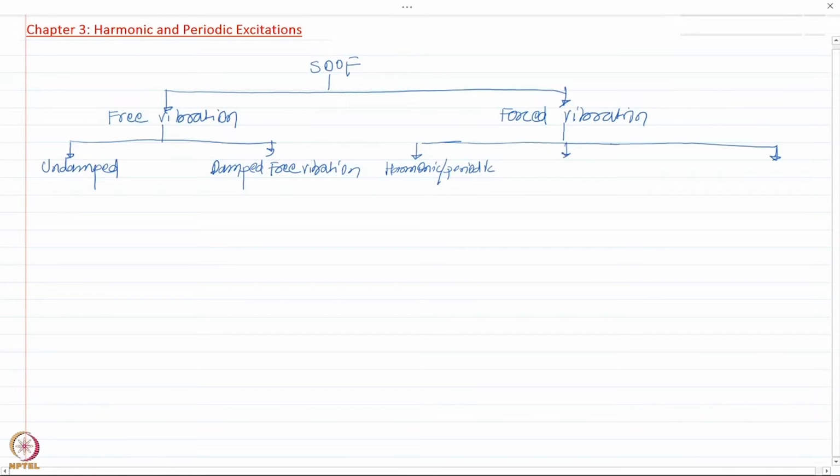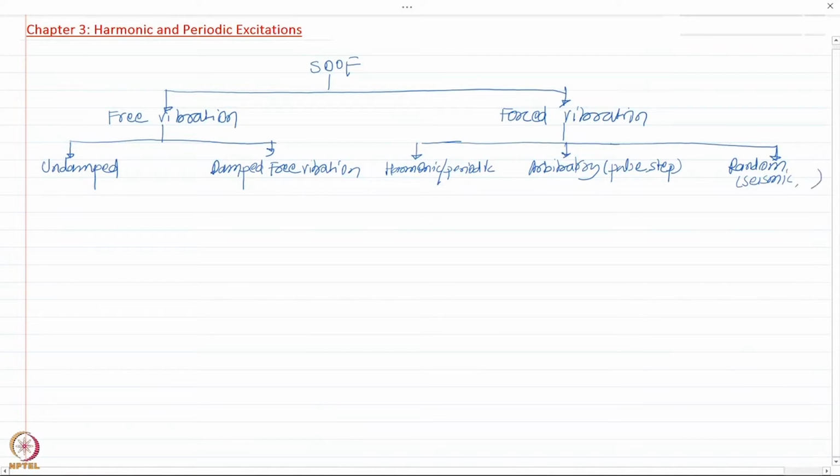For example, it could be a pulse excitation, like a sine pulse, a triangular pulse, or a step function. Or we could also have random excitation. Examples could be seismic excitation, wind, and others.